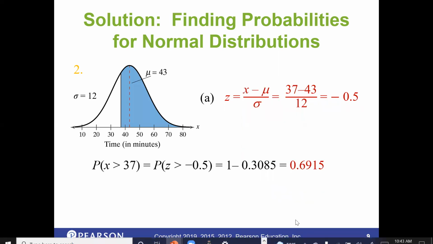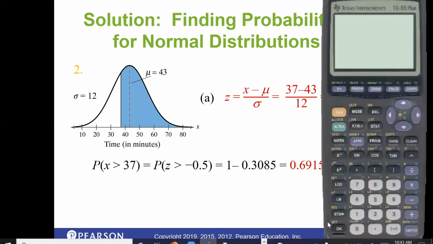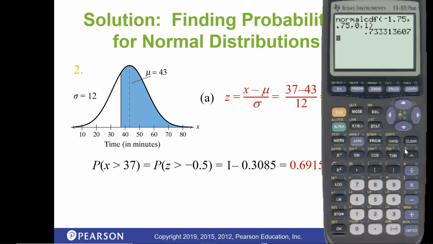And let me try it as well on the calculator here. Second distribution, number 2. Let's see, we're going off to the right this time. So my lower bound is negative 0.5. My upper bound is 10,000 this time. 100,000, 1,000, whatever, as long as it's a big number.